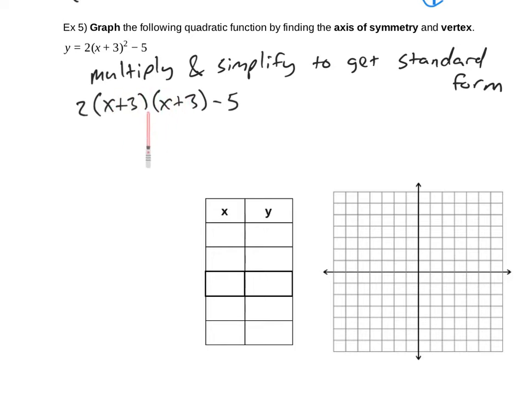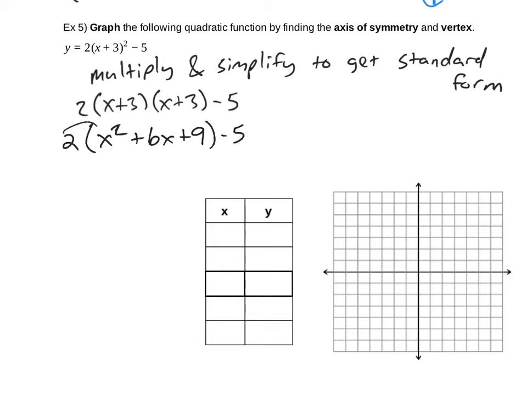I'm going to do this first because these square binomials make perfect square trinomials. So the 2 will stay, and then x plus 3 squared would be x squared plus 6x plus 9.